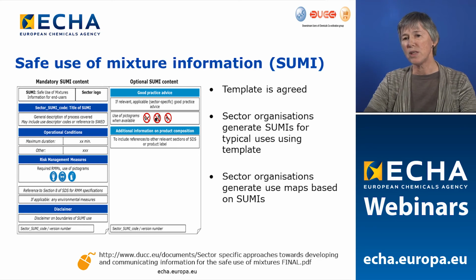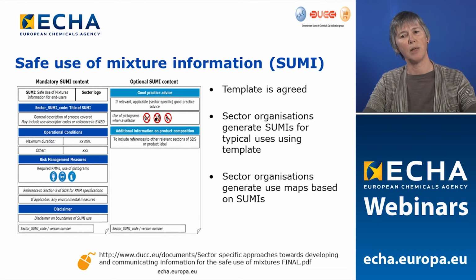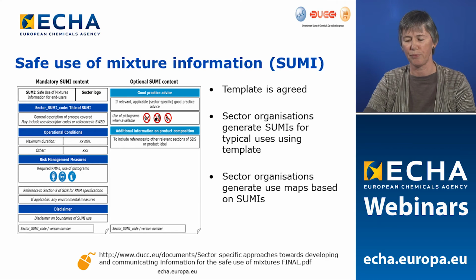And in many ways, the SUMIs are really the start point to the use maps, because the sector organisations are very much looking at what chemicals and products are being used within their sectors and how they're being used, developing SUMIs which describe the safe use of this, and then using those to see what use maps they need to develop to correspond to these SUMIs.